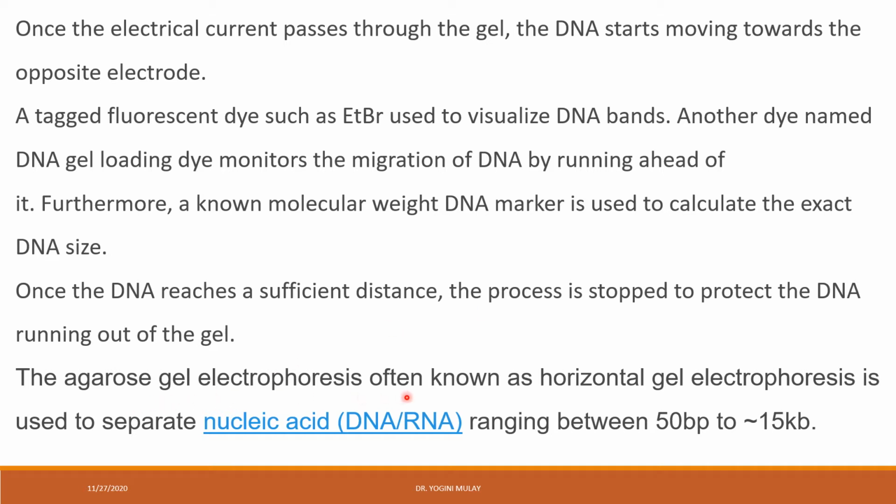Agarose gel electrophoresis is also known as horizontal gel electrophoresis, and it is used to separate nucleic acids, DNA or RNA, having sizes between about 50 base pairs and 15 kilo base pairs.